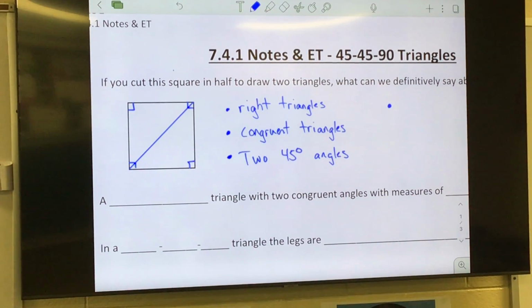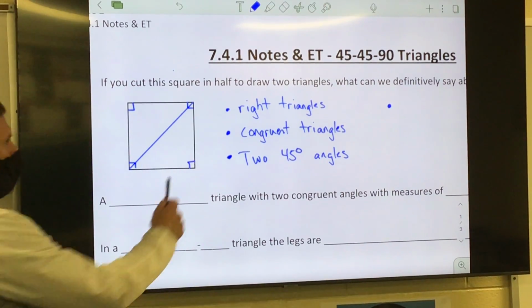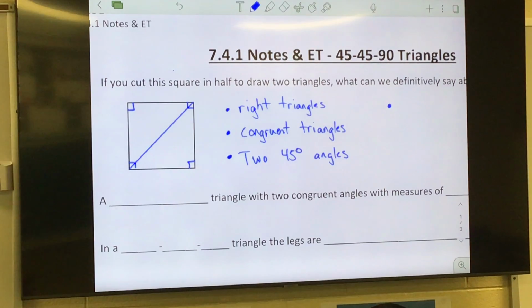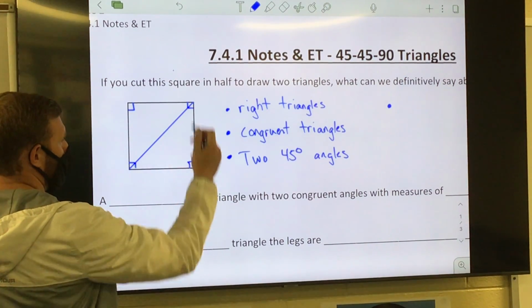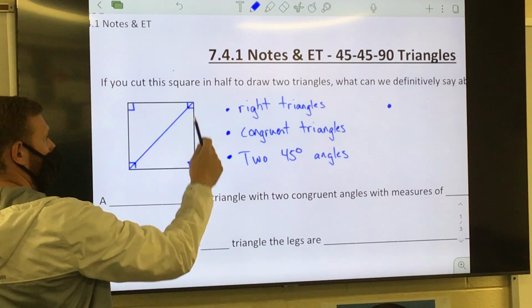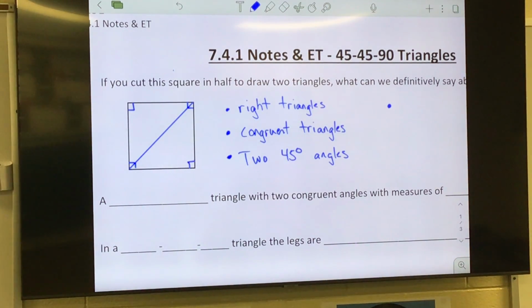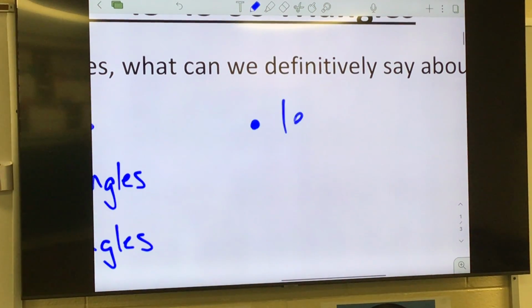The legs are the same. Very good. The legs are exactly the same, right? It came from a square, correct? The properties of a square tell you that every single side length is the same. So if I have a 45-45-90 triangle, both of the legs are the exact same size. And that happens every single time with these triangles.